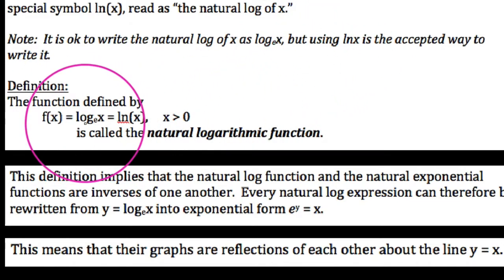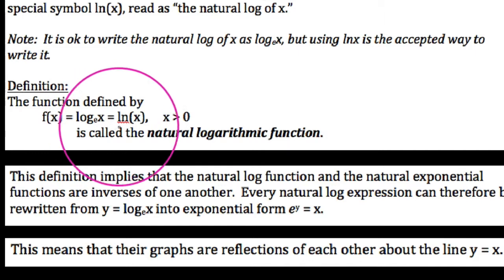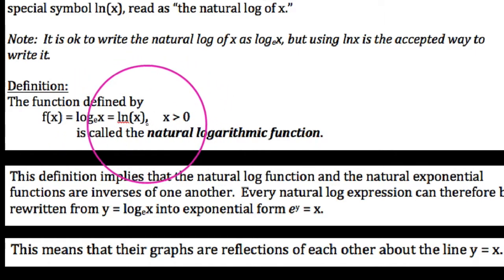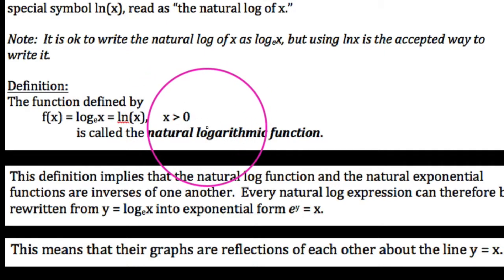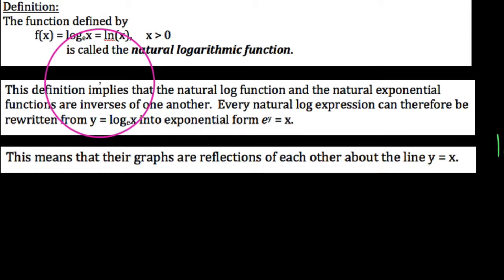So the definition is basically this: f of x equals log base e of x is the ln of x, where x is some positive number. E to the what equals this positive number? We just call it the natural log function. Its definition implies that the natural log function and the natural exponential function are inverses of one another.